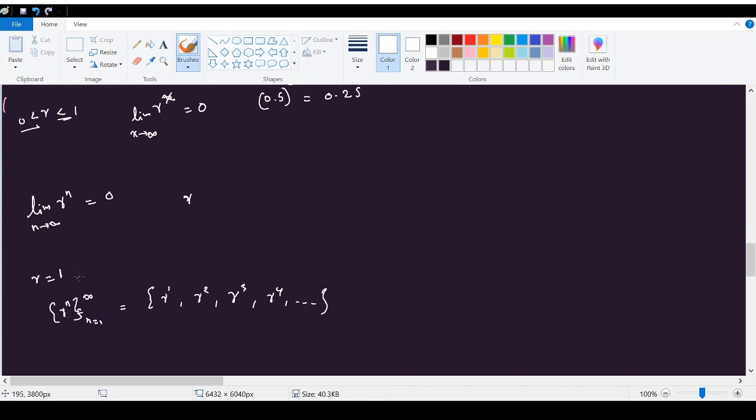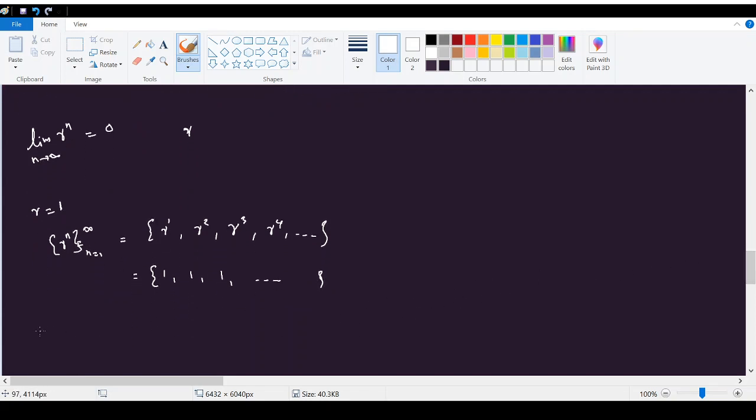As r is equal to 1, what we have is 1, 1, 1, 1, and so on. So we end up with the constant sequence 1. The limit of a constant sequence is the same number, because this is the only number that the sequence can approach. So the limit will also be equal to 1.